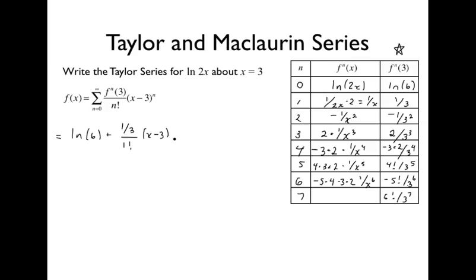And then we're going to have negative 1 over 3 squared, x minus 3 squared, over 2 factorial. Okay, now plus 1 over 3 cubed, positive.